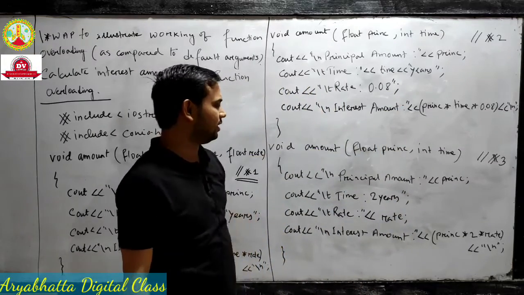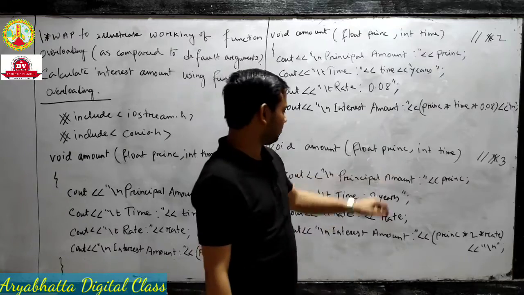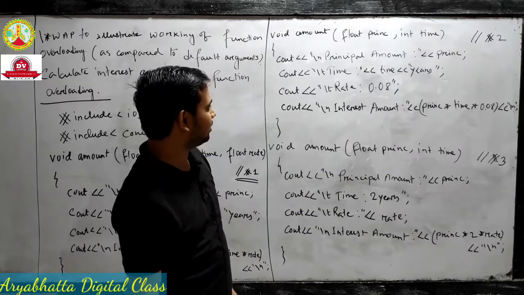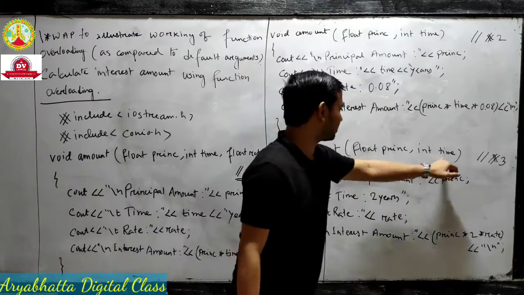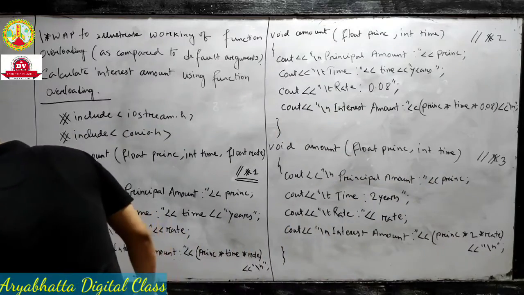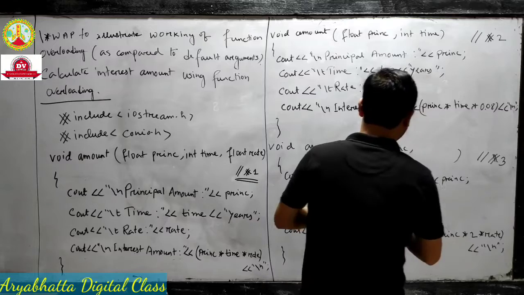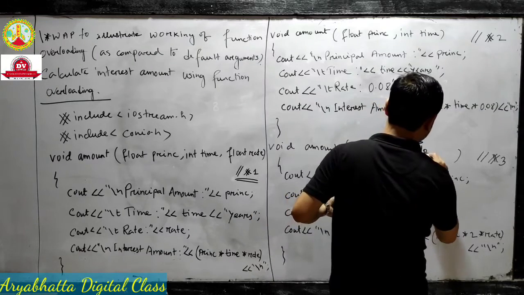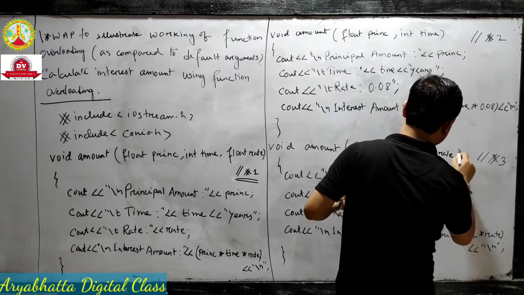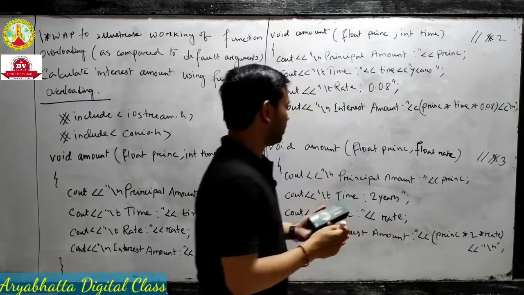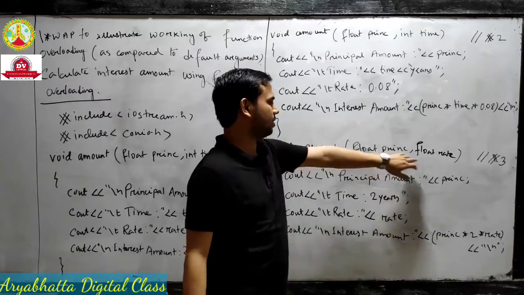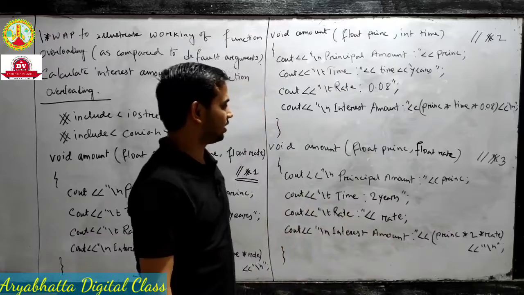And in function 3, what is the difference? It is the same, but here we take time. Time is what? Sorry, this is float rate. Here we declare principal amount and rate. Time is not declared here.